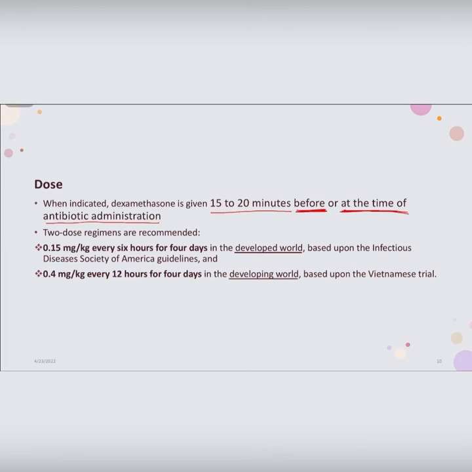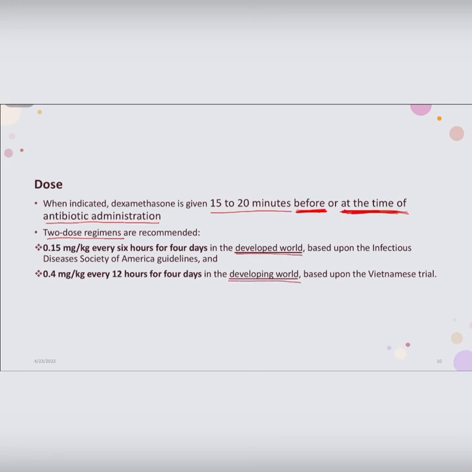If we give Dexa late, we can get less benefit or even no benefit. So we have to note this boldly. Here are 2 dose regimens: one for developed countries and another one for developing countries.